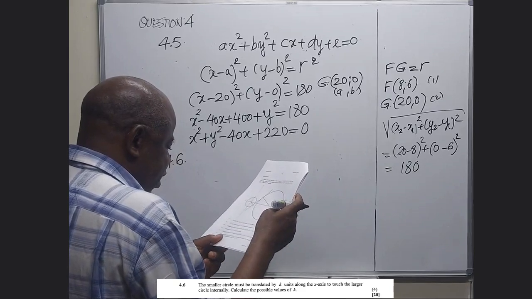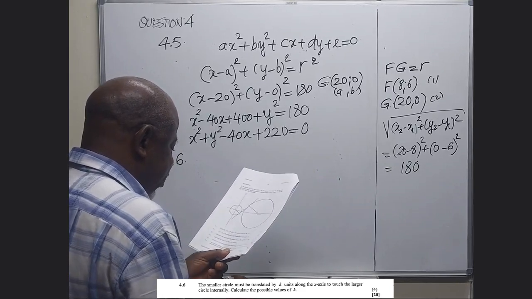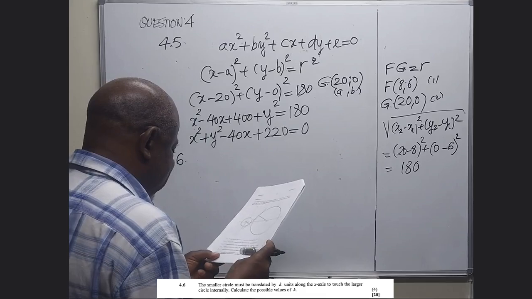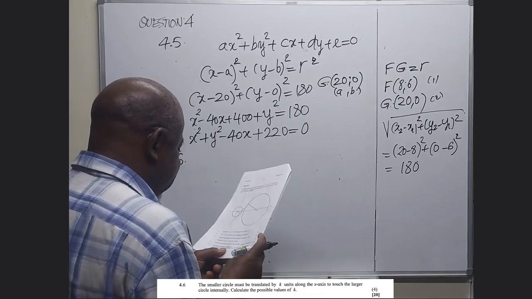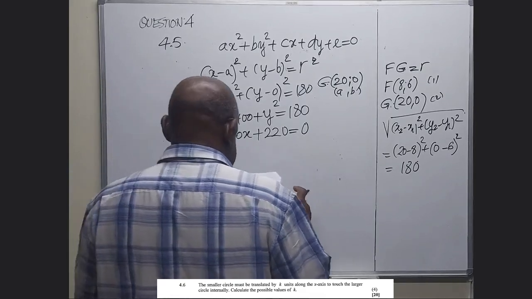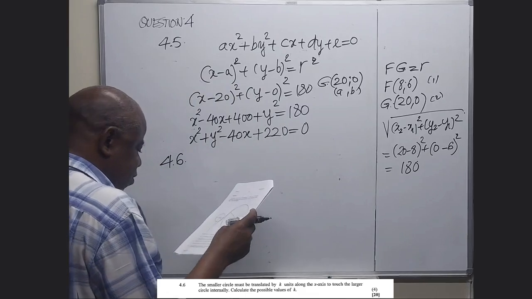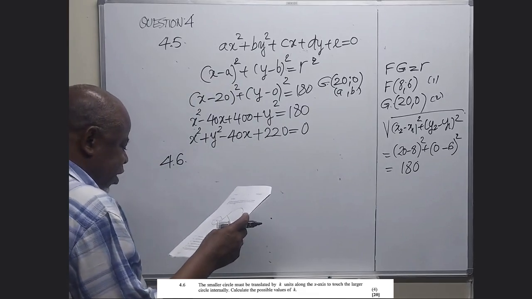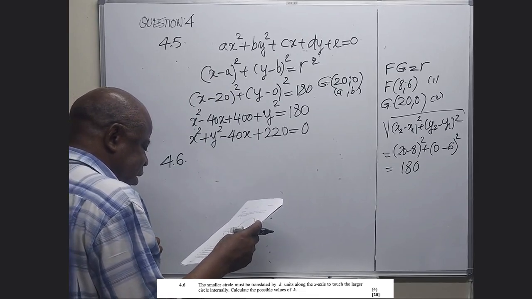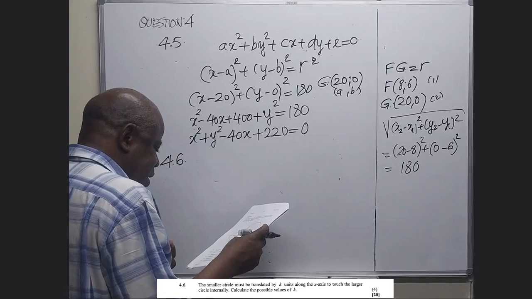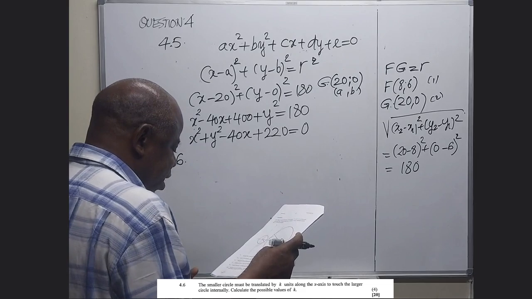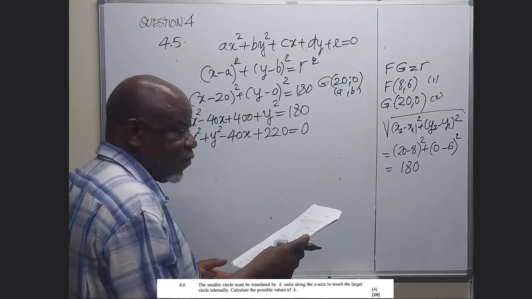The smaller circle must be translated by k units along the x-axis to touch the larger circle internally. Calculate the possible value of k. So here we want to get the value of k.